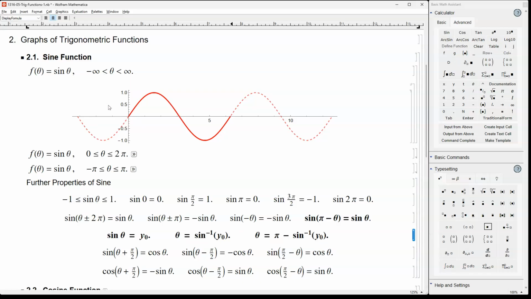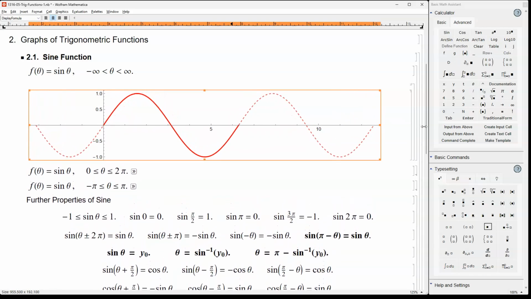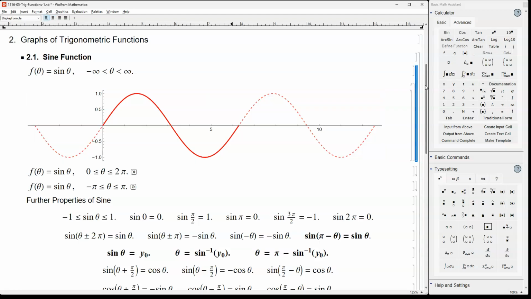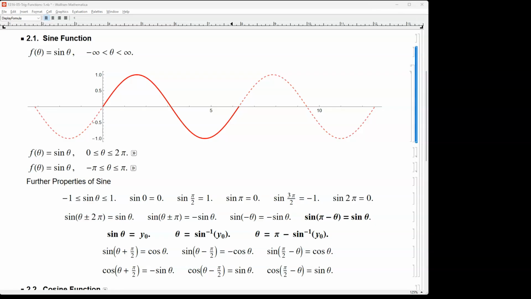Alright, let's come back to this picture. And let me expand this picture further. Okay, and then let's go to the drawing mode. Okay, let's suppose we have something like this.